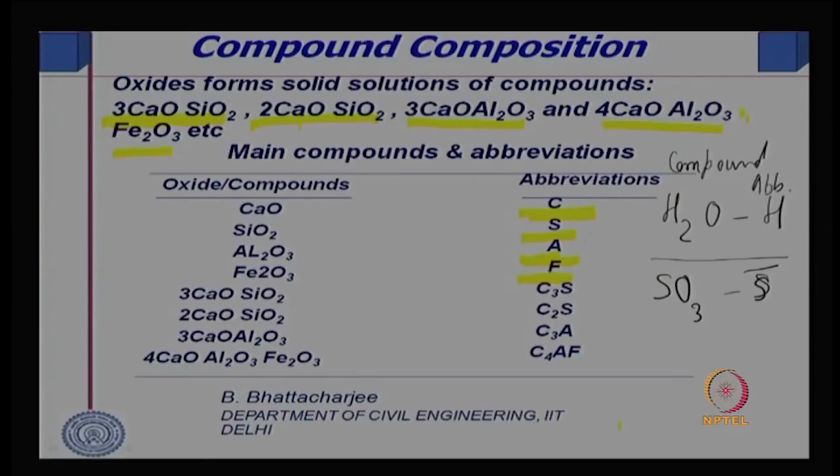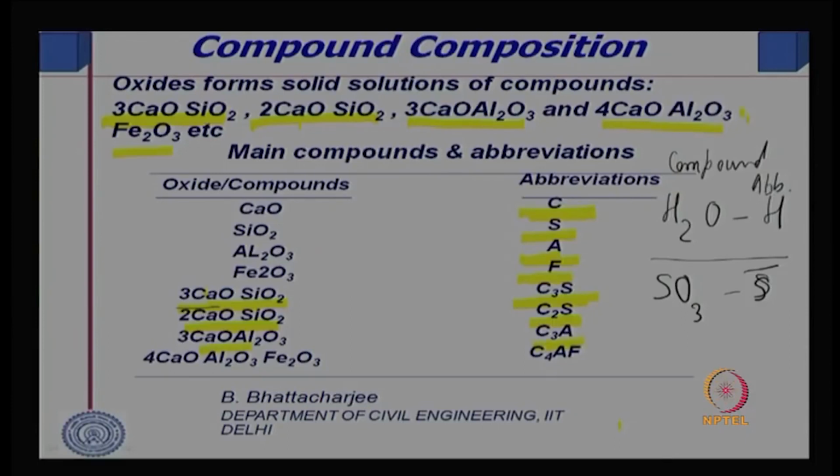Now, if I use this abbreviation, then this compound can be written as C3S. This compound can be written as C2S. So, C3S, 3CaO SiO2, we call tricalcium silicate, C2S dicalcium silicate. I will come to the names, I have not really mentioned them to you.